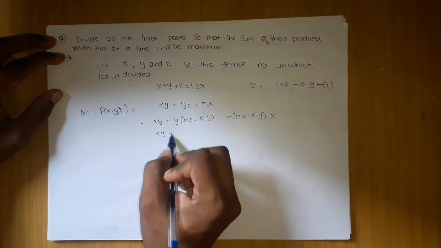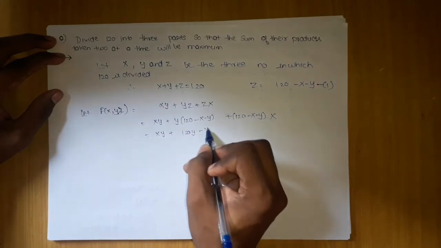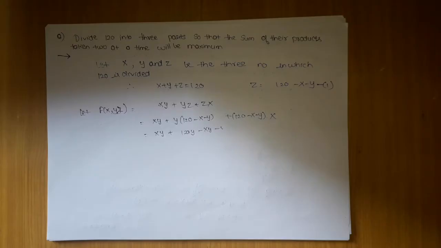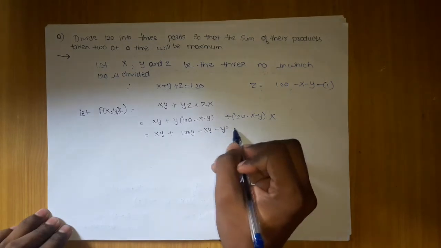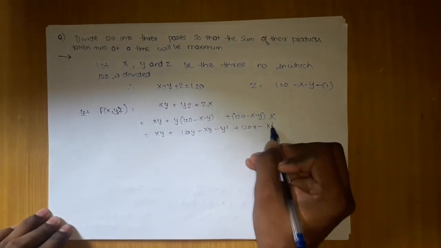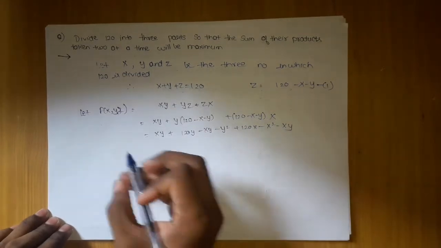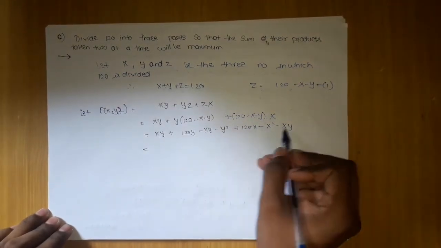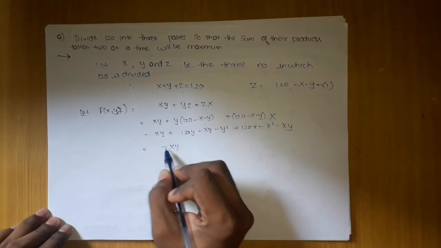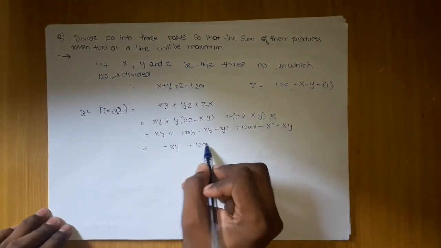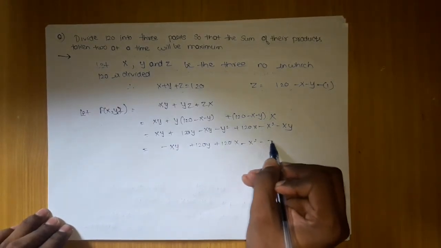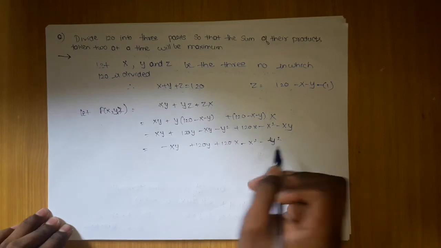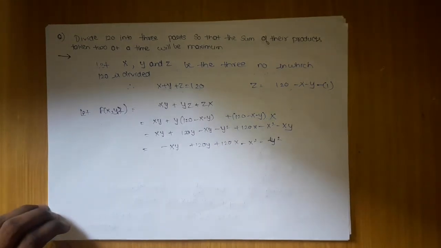If I multiply, what I am getting is 120y minus xy minus y square, and 120x minus x square minus xy. So you can see there is one xy positive and two xy which are negative, so one will be eliminated. Minus xy will be there, plus 120y and plus 120x, and minus x square and minus y square. So this is the thing which we are having here.